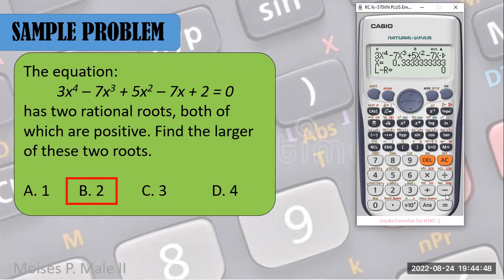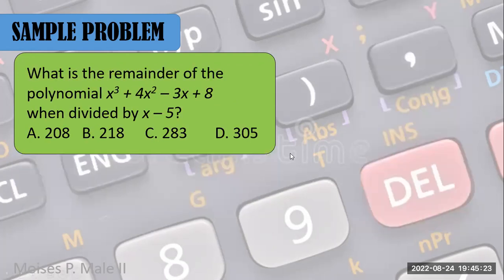When you try 1, it gives you 1/3. Try 2, it gives you 2. So 1/3 is correct and 2 is correct, but the larger of those is 2. Even if you put another value, it will return either 1/3 or 2. So the correct answer is 2.